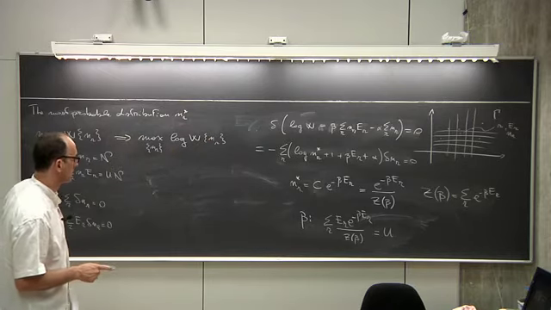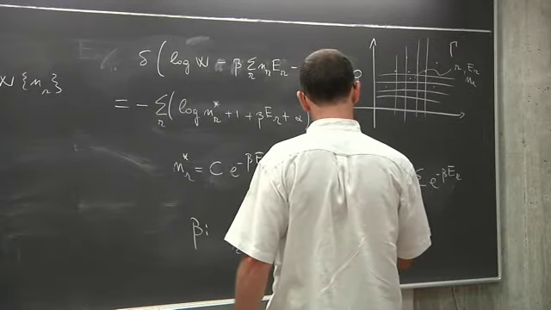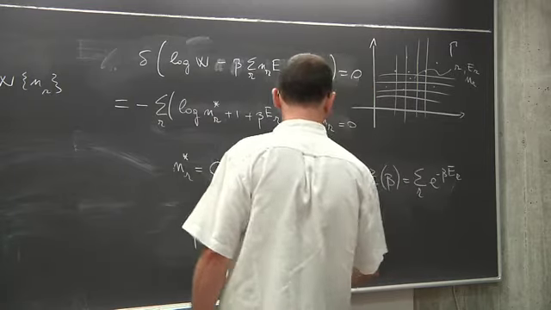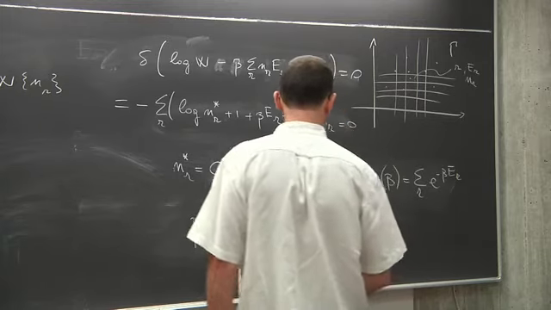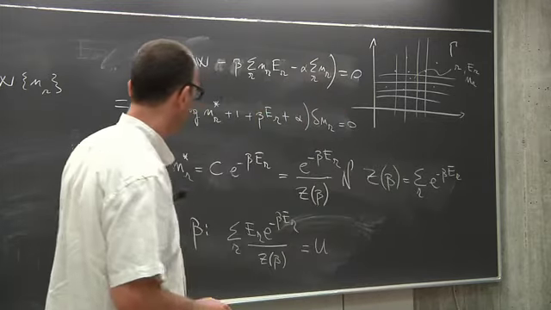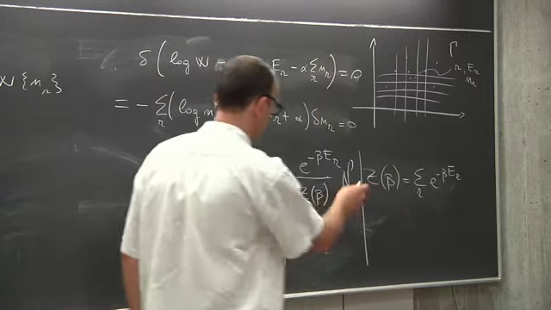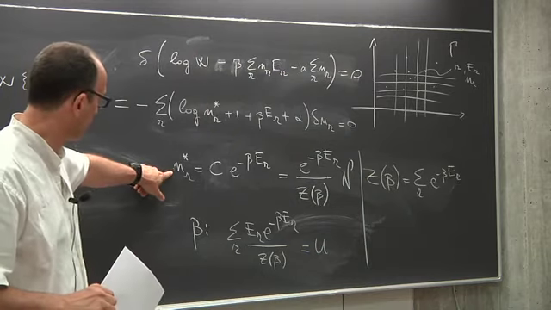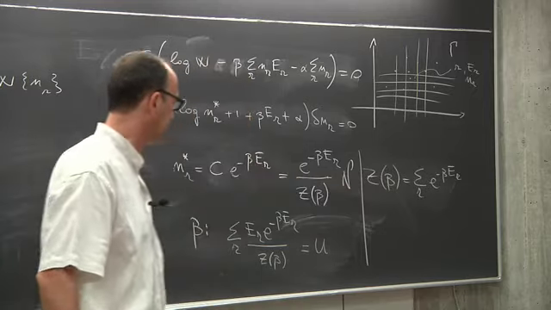Sorry, there is an N here. Z of beta is given by that, because the number of copies in state r will be proportional to the total number of points in the ensemble.